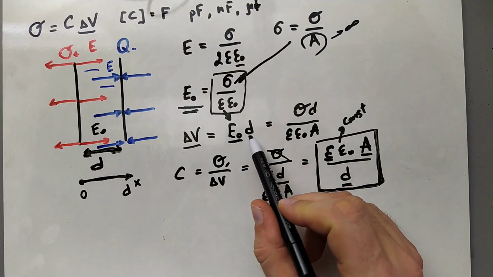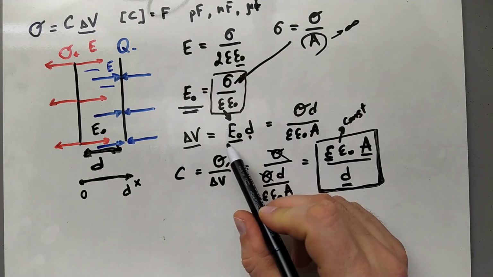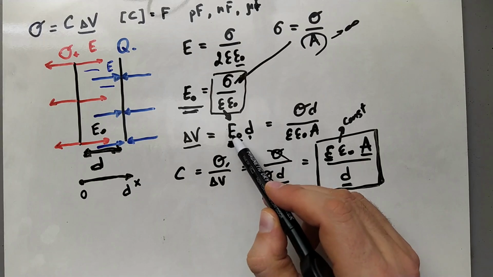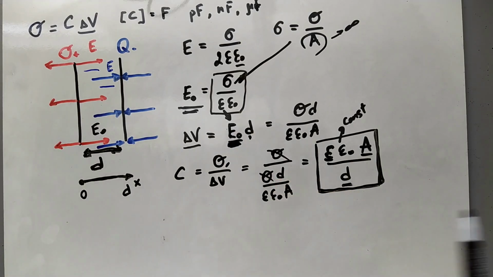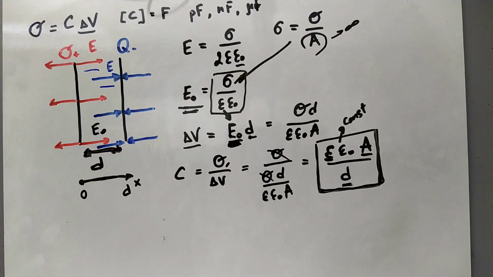So if we increase thickness, the electric field inside the parallel plate capacitor, its uniform magnitude, will remain the same, and only the distance between the parallel plates increases.